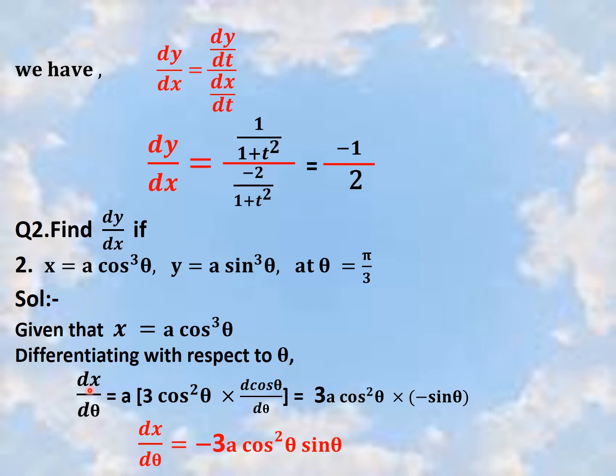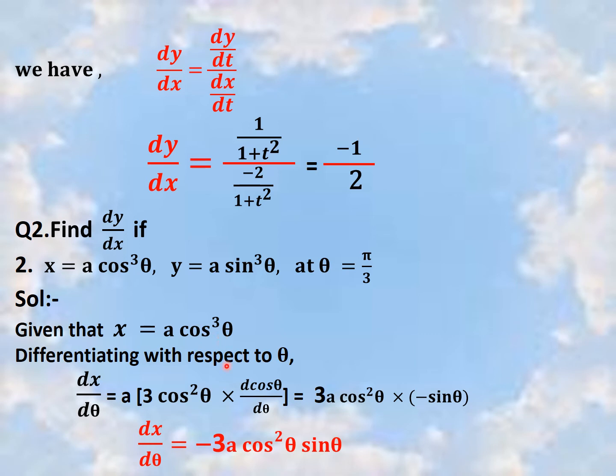So dx upon d theta is equal to a, which is a constant, taken out of the derivative. So the inside part is cos cube theta, and it is just like x raised to n form, or x cube form. And if we differentiate x cube with respect to x, then it is 3x square. So here, the same way, 3 cos square theta. But it is not a single x, it is cos theta.